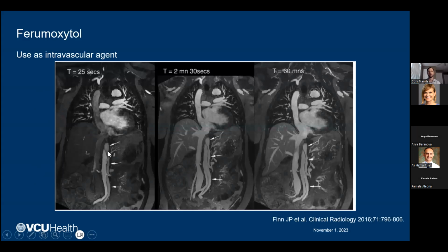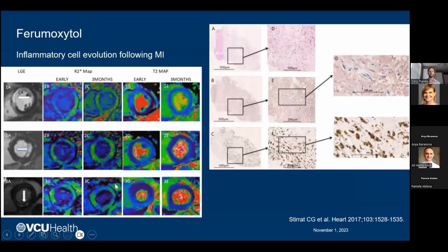So here is an example of an angiography being done with ferumoxytol. And you can see a nice little dissection flap here, and up to 60 minutes, the arterial and venous phases are of course enhanced, but you still get this nice enhancement from it.